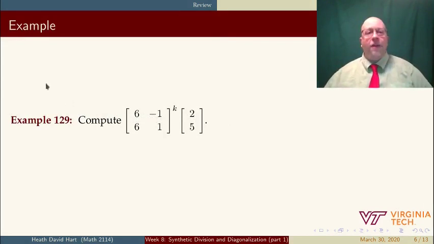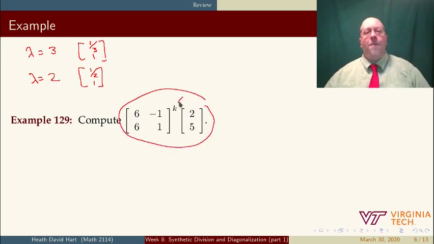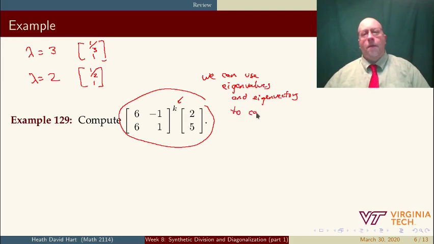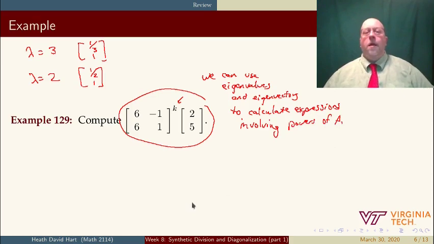And if we have the eigenvalues and the eigenvectors, we can calculate expressions involving powers of A. In fact, this is one of the most important uses of eigenvalues and eigenvectors, to be able to calculate expressions involving taking a power of a matrix.